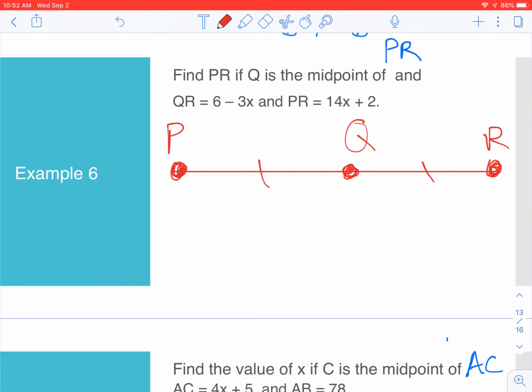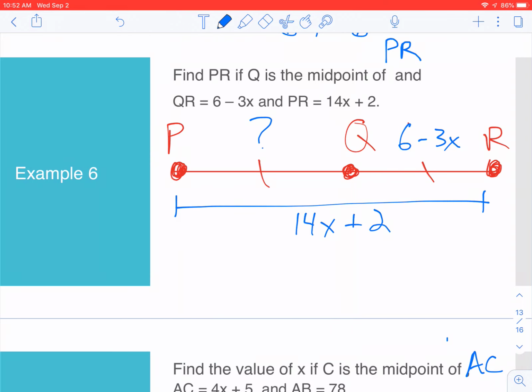Okay, QR is, I'll change colors here so we can see it better. QR is 6 minus 3x. PR, now I got to do this. The whole thing is 14x plus 2. Well, what's this right here? What's PQ? Well, PQ and QR are the same thing. So I can write 6 minus 3x right there.